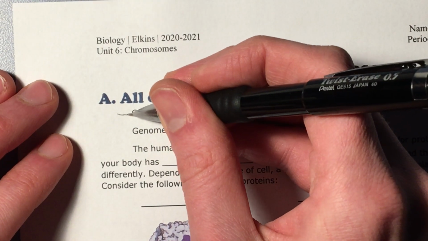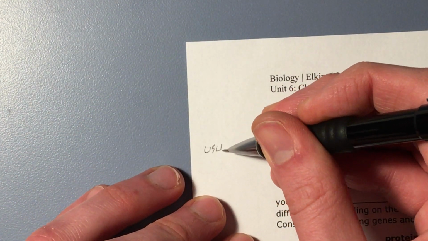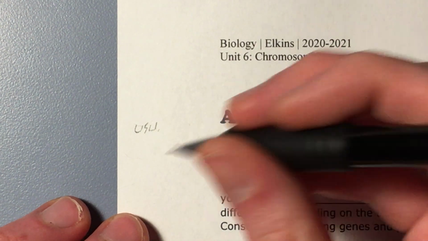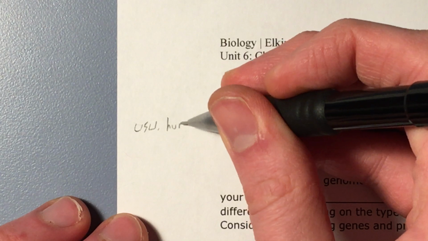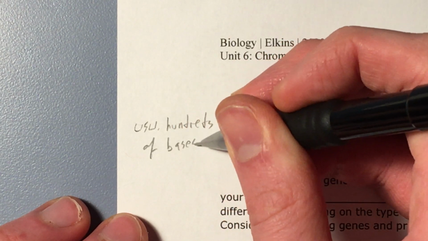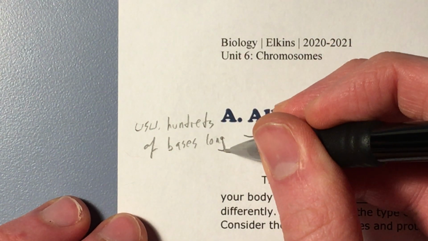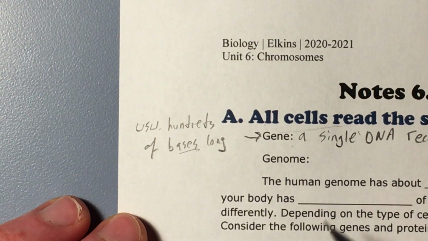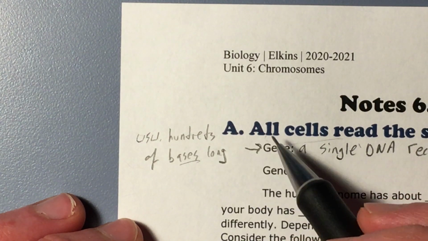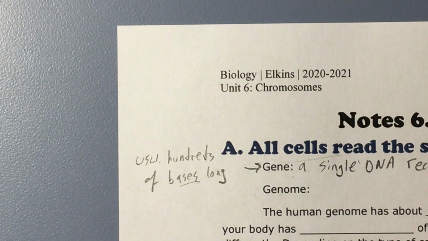Typically, usually, these genes are hundreds of bases long, okay? So remember, a base in DNA is kind of like a letter. So in the English alphabet, I have A, B, C, D, E, F, and so on, 26 letters.